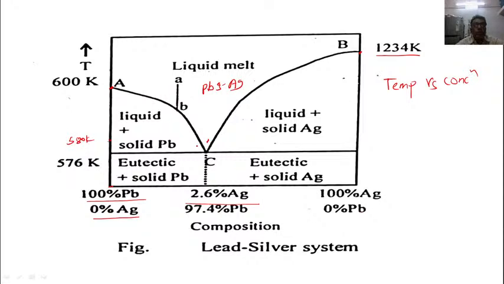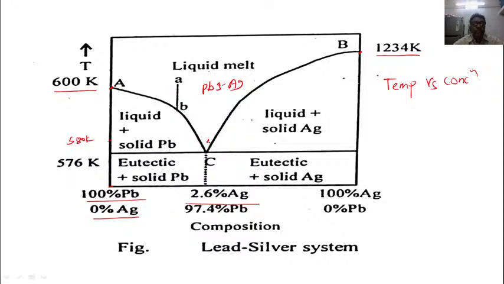In presence of lead or in presence of silver, their melting temperature will be different. Pure silver will be liquid at 1234 Kelvin, and pure lead will be in the liquid state at 600 Kelvin.